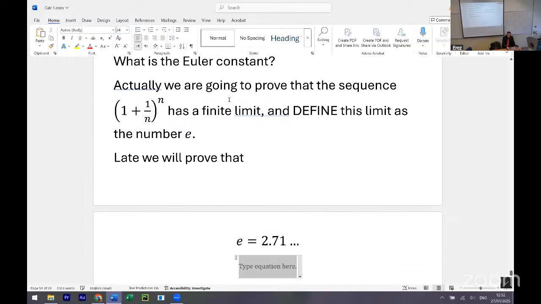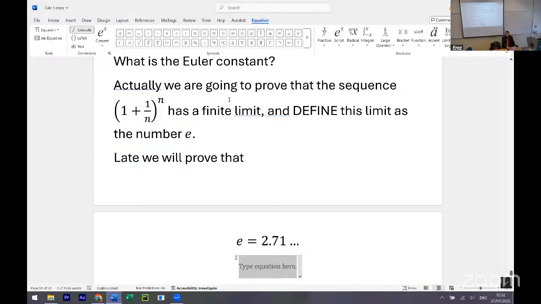And what is the other special property of e that everyone knows? Yeah, e to the power of x, and the derivative of e to the power of x is e to the power of x, right? So the two things you actually know about e are these two. We will prove them both.